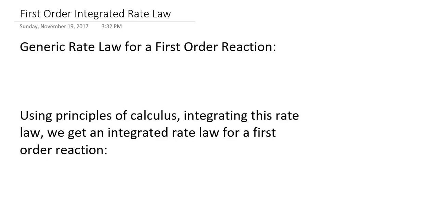Hello everyone. So in this pre-lecture tutorial, we're going to build upon what we learned in the last pre-lecture tutorial. If you remember, in the last pre-lecture tutorial, we were just working on piecing together rate laws for a chemical reaction.